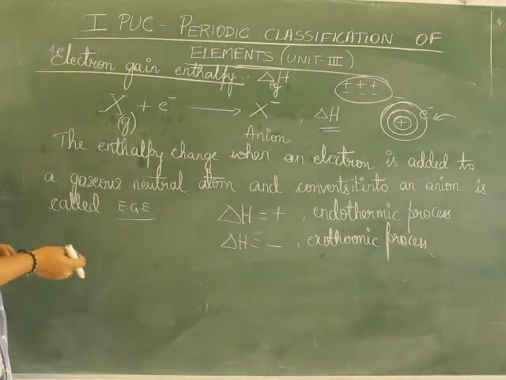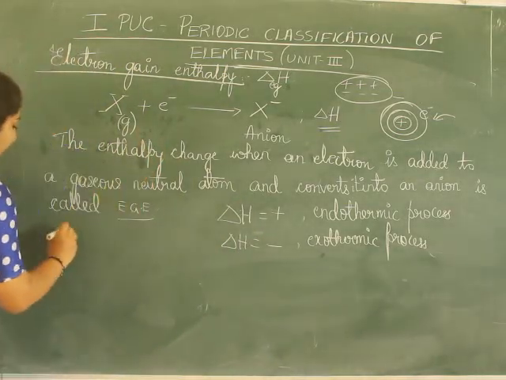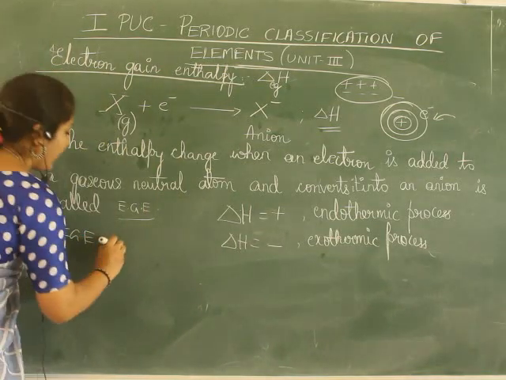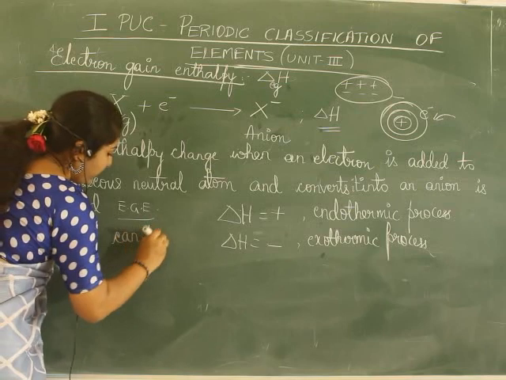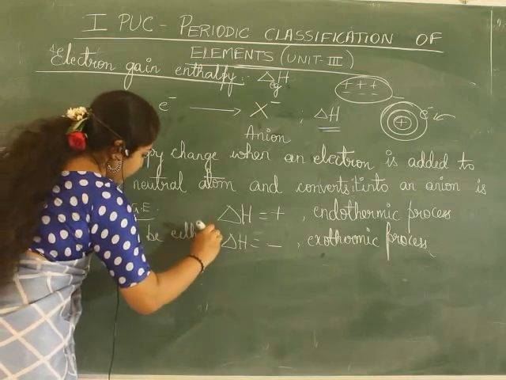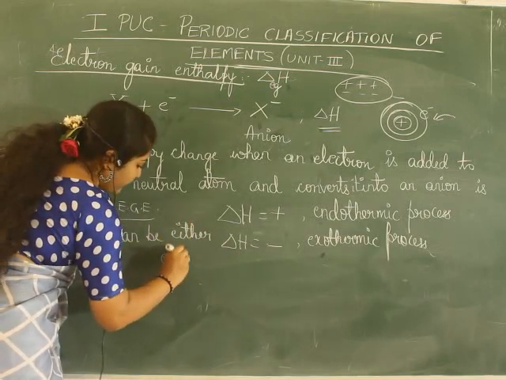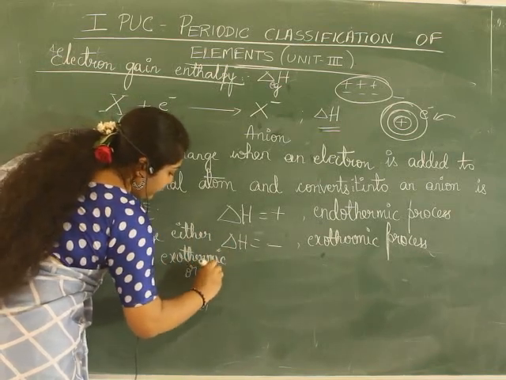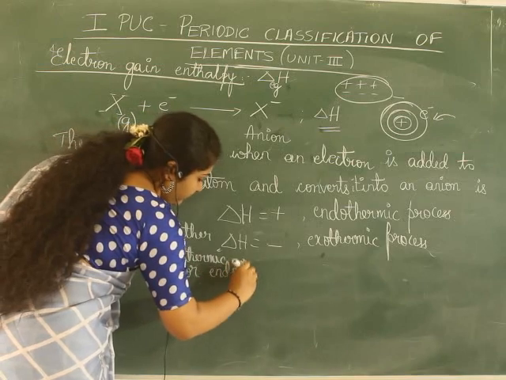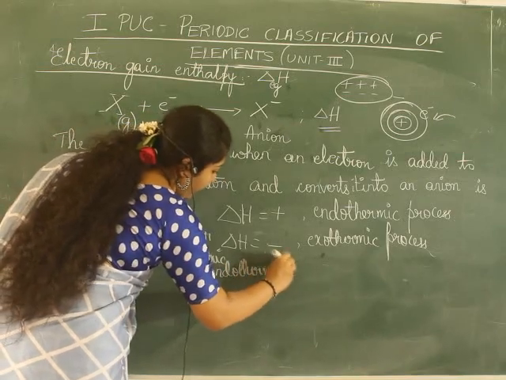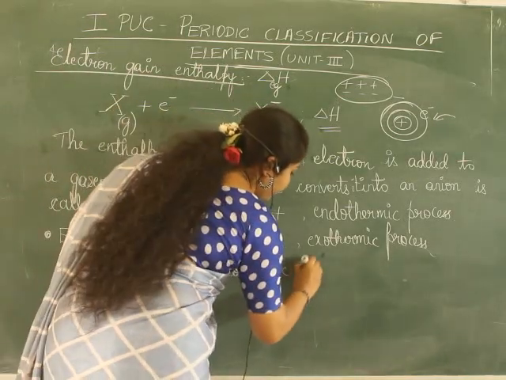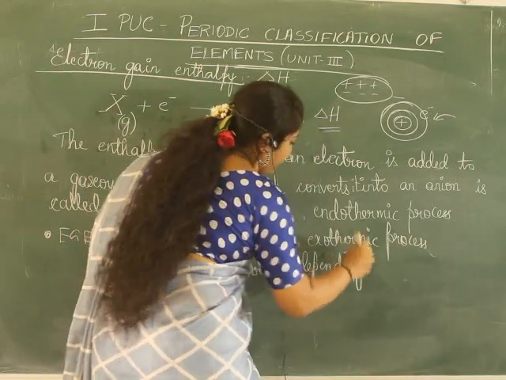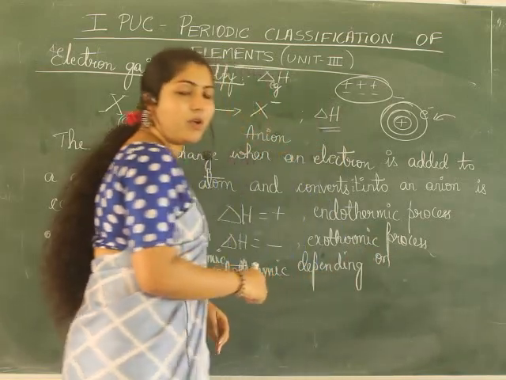So depending on the elements, this is one more point you will write, electron gain enthalpy can be either exothermic or endothermic, depending on what?